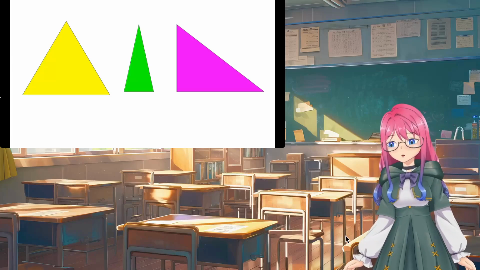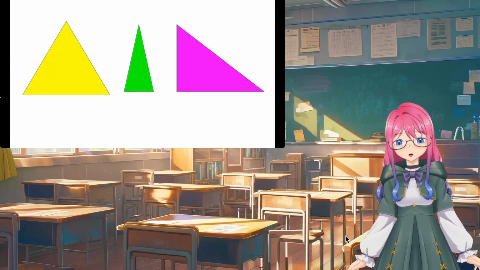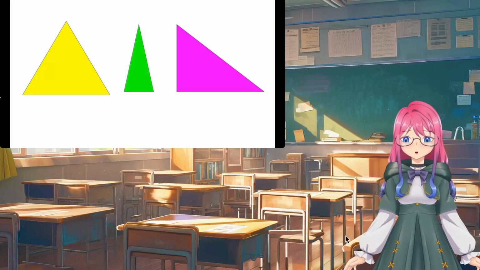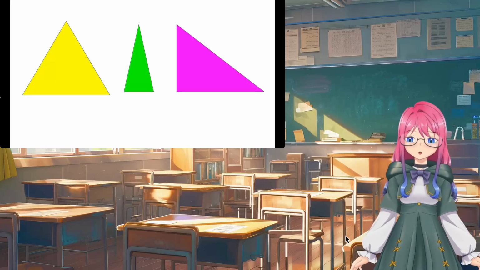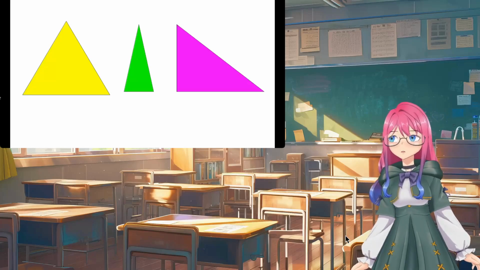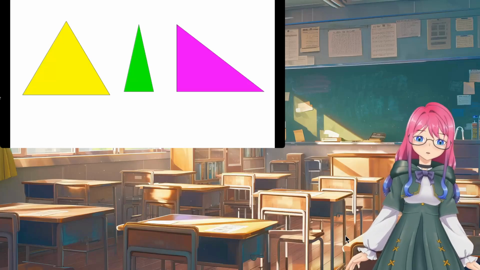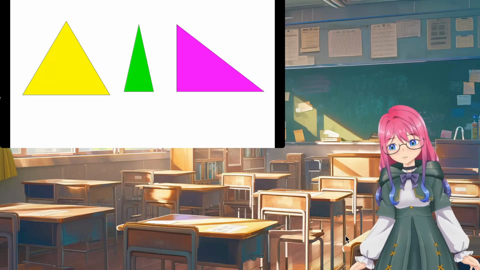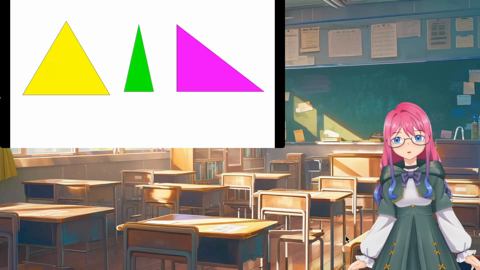If you have three sides of different length, it's called scalene. That's our third triangle here. We have three different length sides. It's called scalene, and that means the angles are going to be different as well. This pink one also has the added benefit of being something called a right triangle.